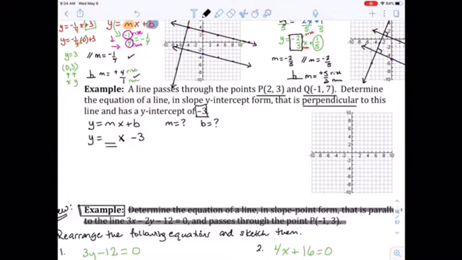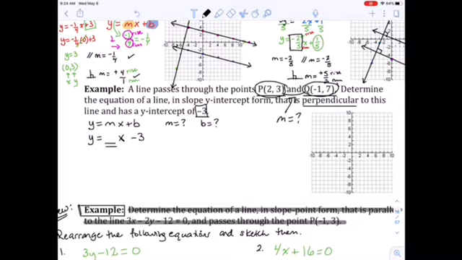So we know that there's some other line that passes through the points (2, 3) and (-1, 7). It says, what's the equation of the line that is perpendicular to this line? So I need to know the slope of this line first. And this new line that I'm coming up with the equation for is going to be perpendicular. So how do we find the slope?